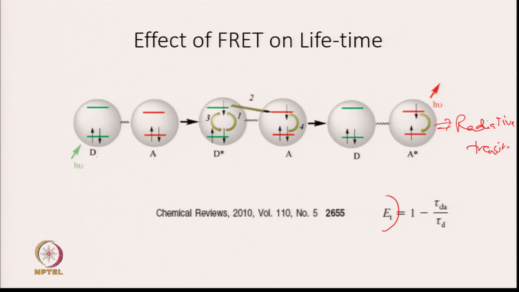Now, the transfer efficiency can also be given in terms of lifetime: transfer efficiency is equal to 1 minus the lifetime of the donor in the presence of the acceptor over the lifetime of the donor.